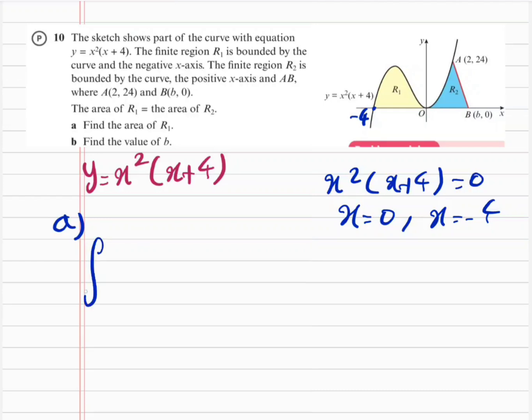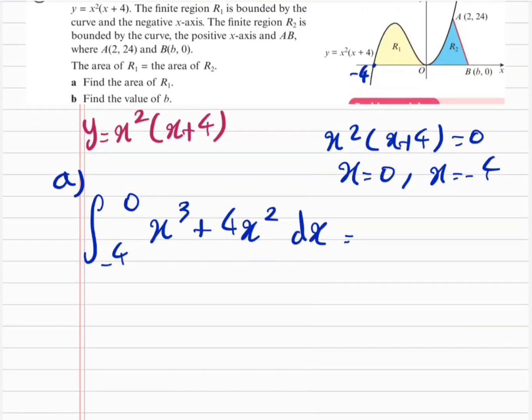So for part A, we have x squared times (x plus 4), but we need to expand that. x squared times x is x cubed, plus 4x squared, dx. So I just expanded the bracket, which is the equation of y, giving x cubed plus 4x squared.